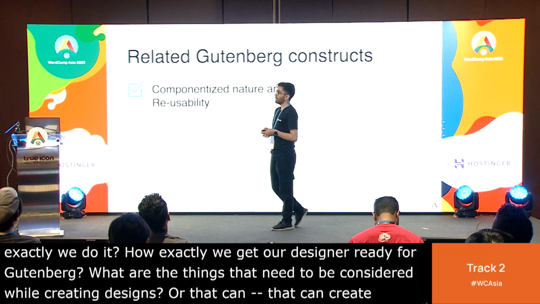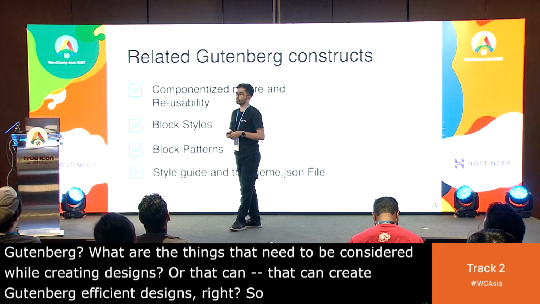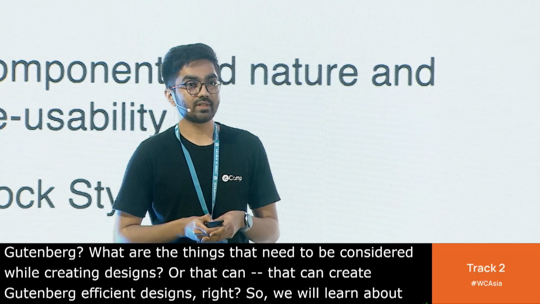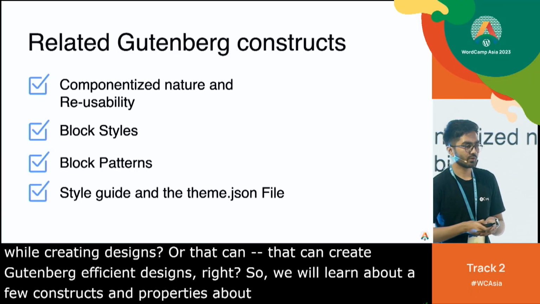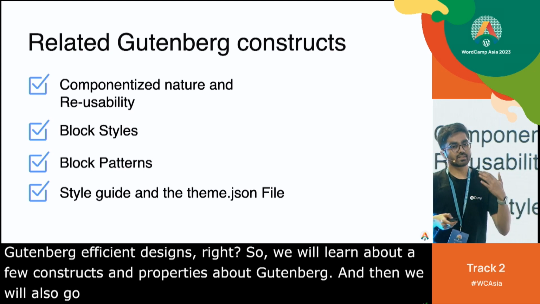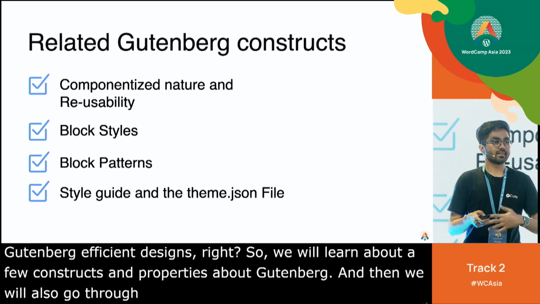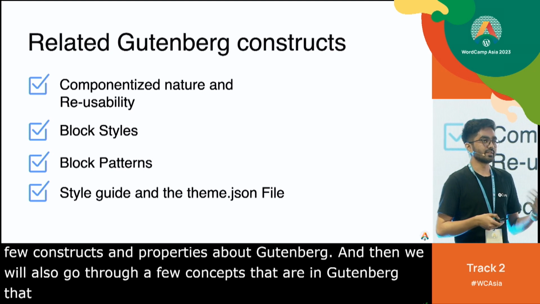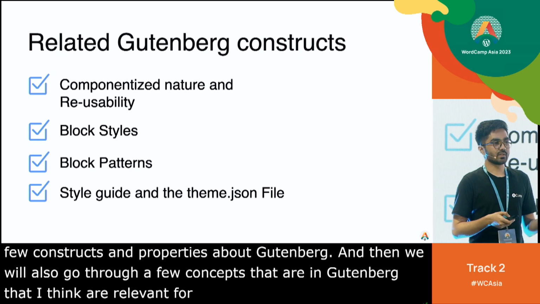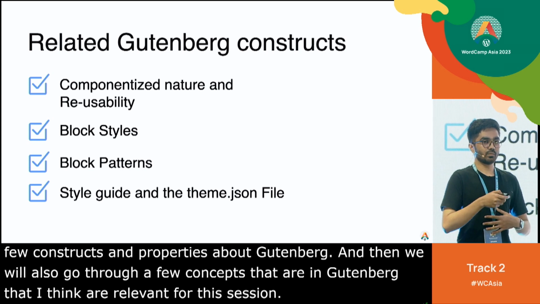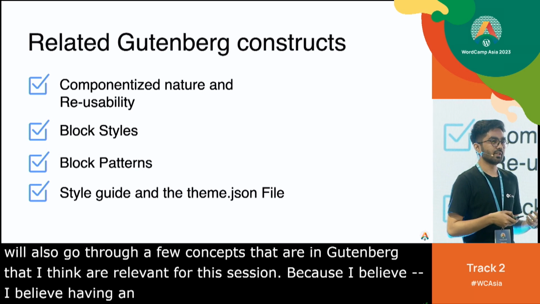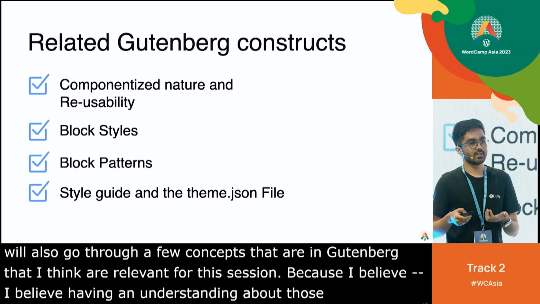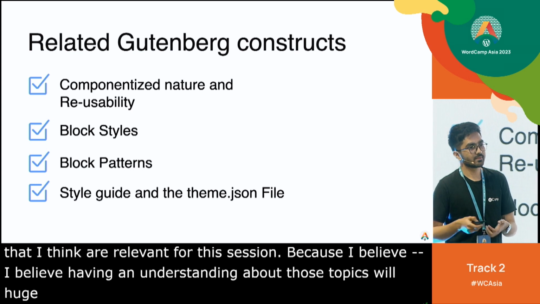So we will learn about a few constructs and properties about Gutenberg, and then we will also go through a few concepts that are in Gutenberg that I think are relevant for this session, because I believe having an understanding about those topics will hugely benefit the designers.